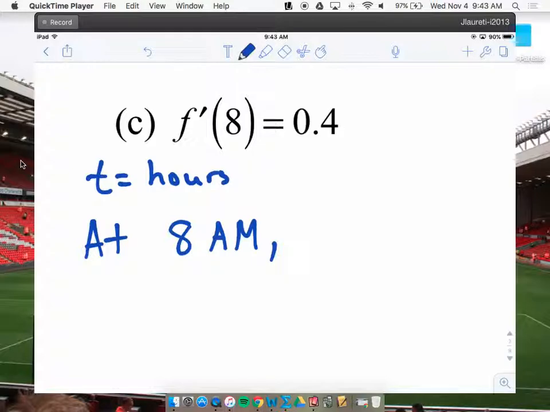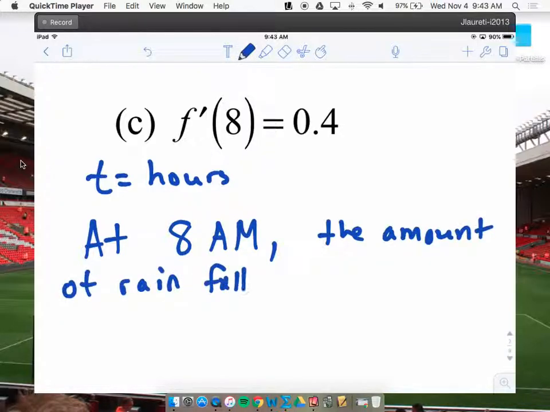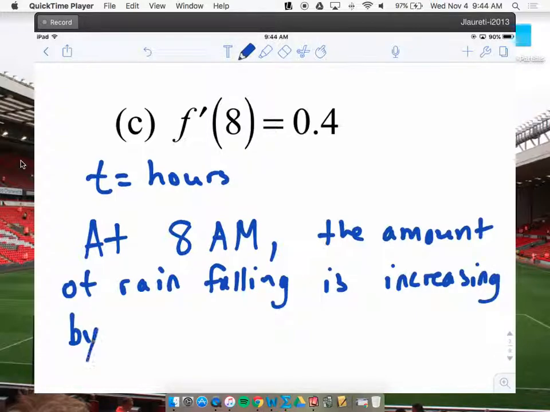So what is that 0.4 going to tell me? The amount of rain falling is increasing by 0.4 inches per hour.